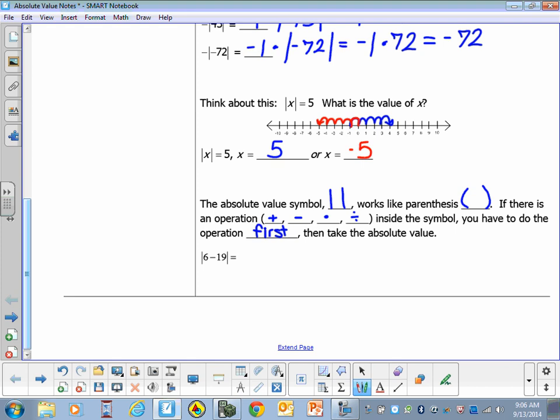So as I look at this first example, the absolute value of 6 minus 19, I have to do 6 minus 19 first. So 6 minus 19 is negative 13. Now I take the absolute value of that sum. The absolute value of negative 13 is positive 13.